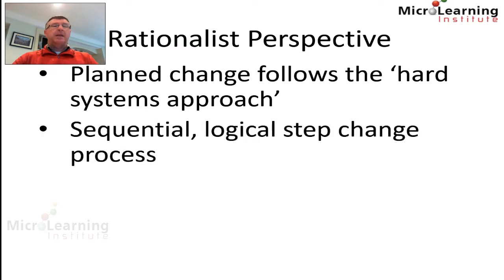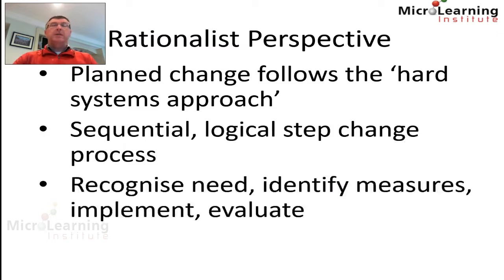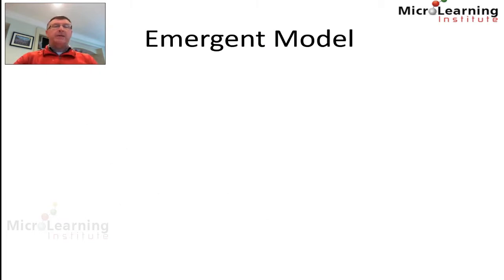Here we see change as something that occurs in sequential, logical steps: phase 1 preceding phase 2, preceding phase 3, etc. So here we recognize the need for change, we identify measures, we implement it, and we evaluate. So a very systematic, process-driven approach.